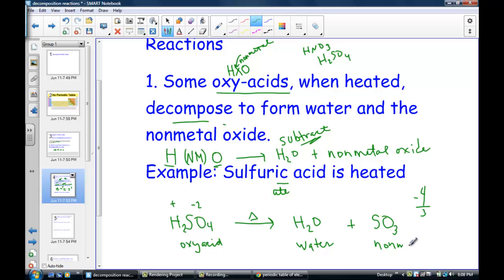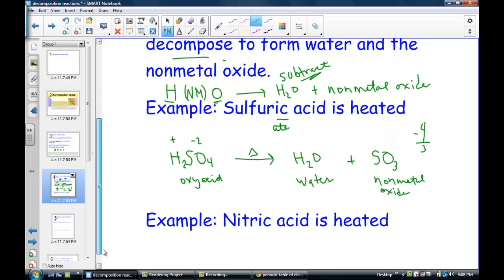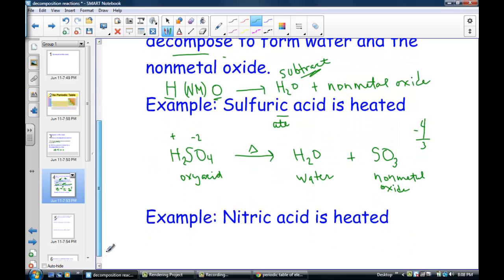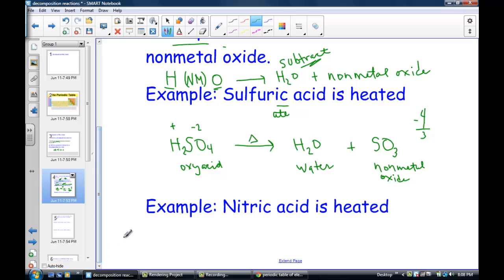The nonmetal oxide that forms is found by a little subtraction problem. Find what's the remainder not yet used when I subtracted the water. When oxyacids decompose, they make water and a nonmetal oxide. Nitric acid is heated. Nitric acid is an oxyacid.